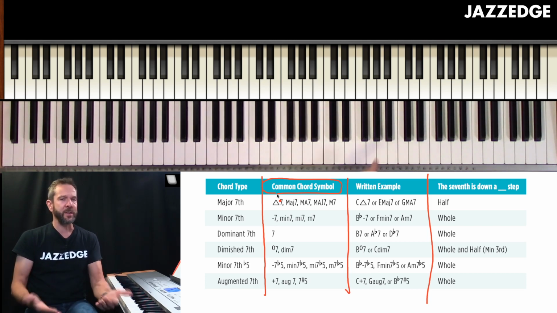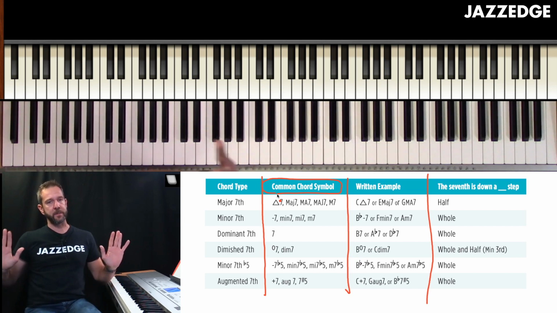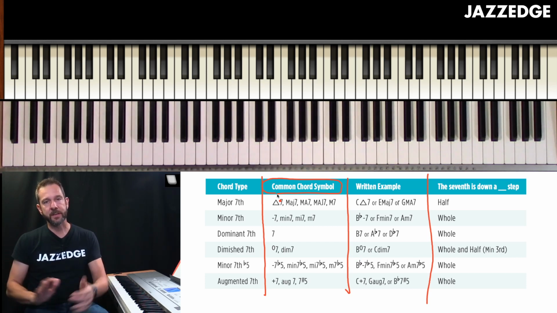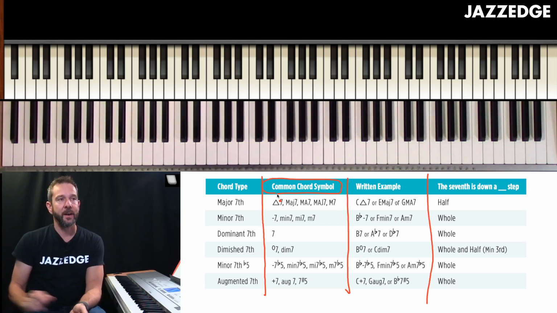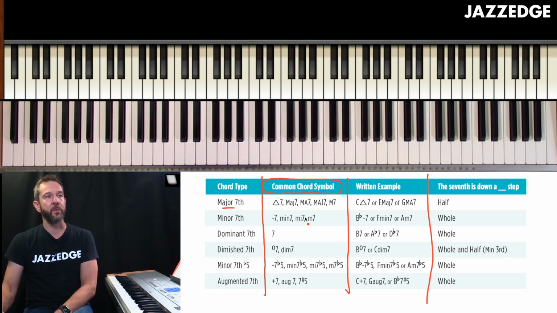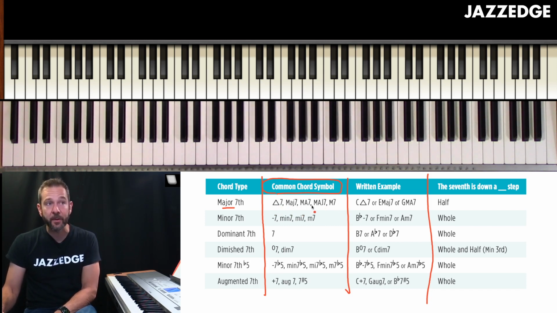So for right now, we're just going to step back and deal with some basic, more generalization of chords. All right, so right here on the major 7th chord, you see that we have these different ways of writing out that chord symbol. You might have a triangle 7, MA7, capital MA7, MAJ7, or just a capital M with a 7th.